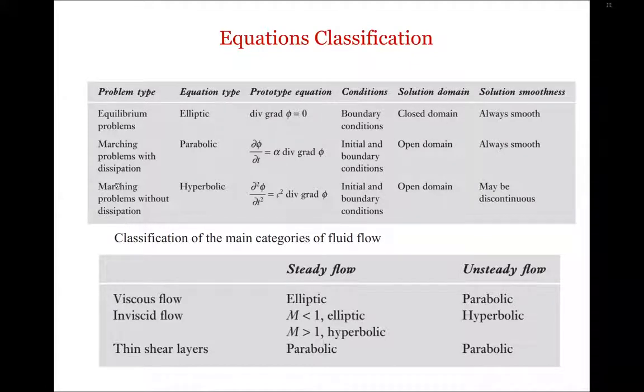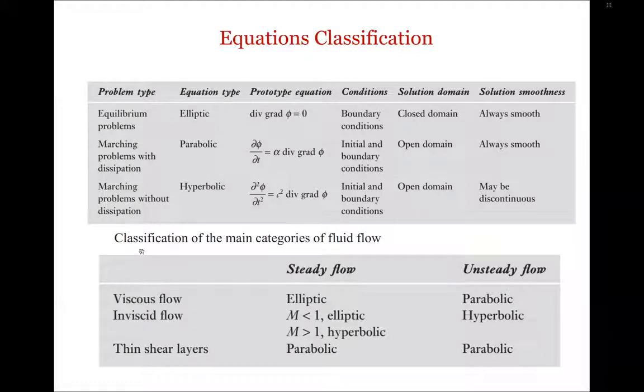Marching problems with dissipation need an open domain, and marching problems without dissipation also require an open domain. In both, solutions are smooth, and in the hyperbolic case they may be discontinuous.